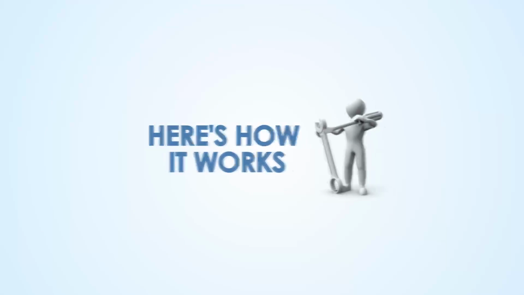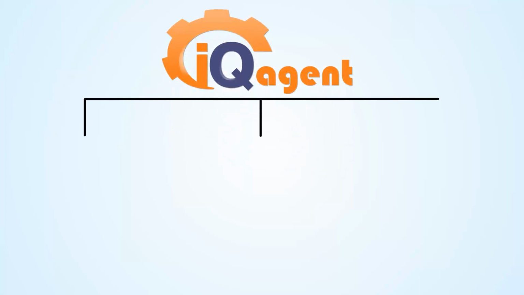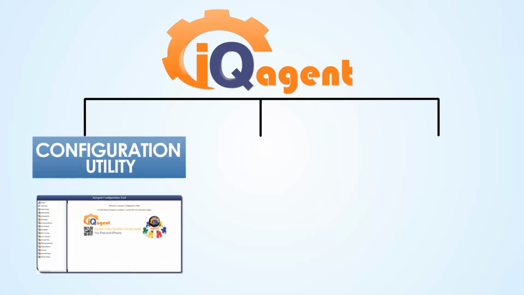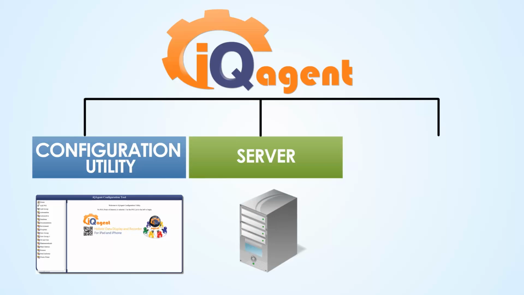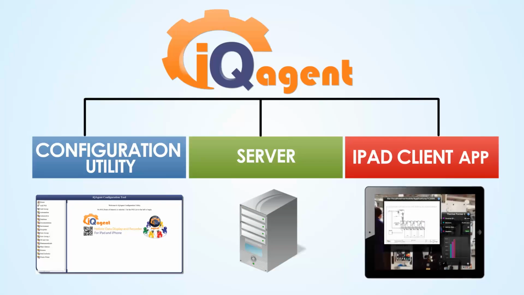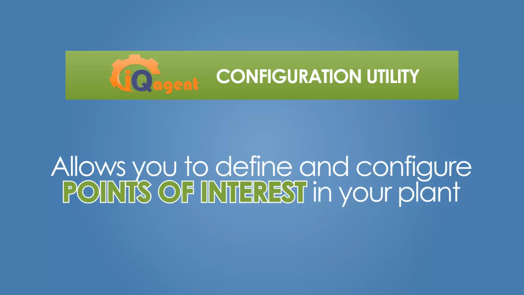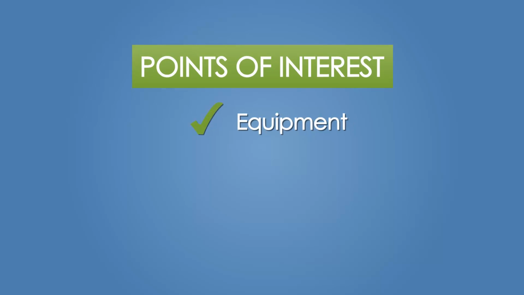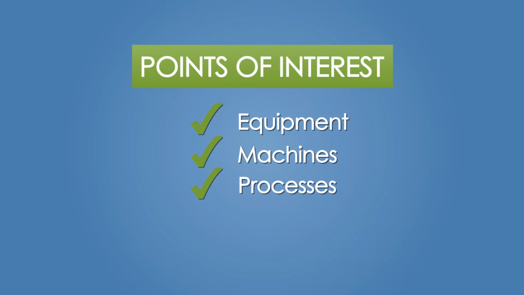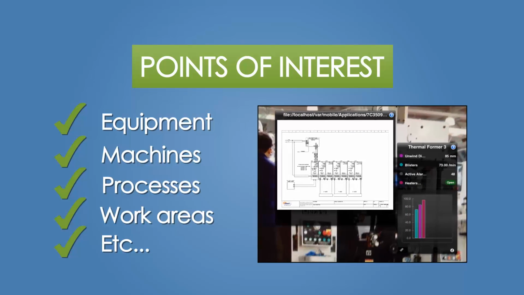Here's how it works. iQAgent consists of three components: the iQAgent configuration utility, the iQAgent server, and the iQAgent iPad client app. The iQAgent configuration utility allows you to define and configure points of interest in your plant. Points of interest can be equipment, machines, processes, work areas, or anything that can be characterized by data.